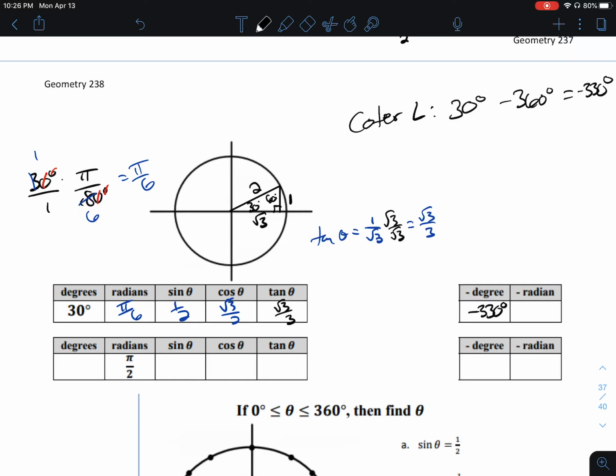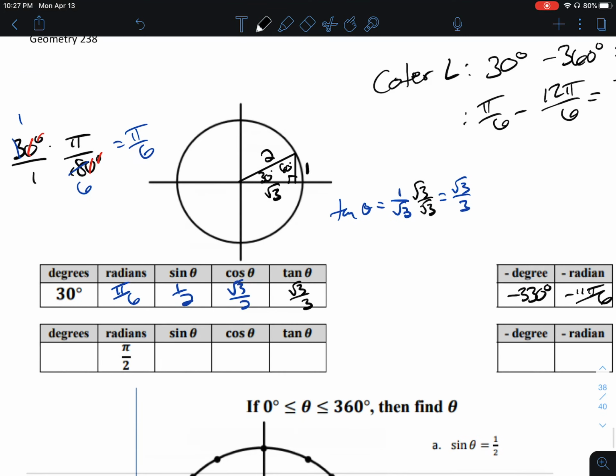If we take the radian angle that we have, pi over 6, and subtract a complete revolution, we're going to get negative 11 pi over 6. This is a complete revolution because one revolution is 360 degrees. It's also 2 pi. 2 pi as a fraction with 6 on the bottom is 12 pi over 6.